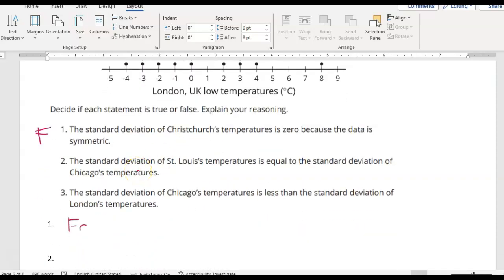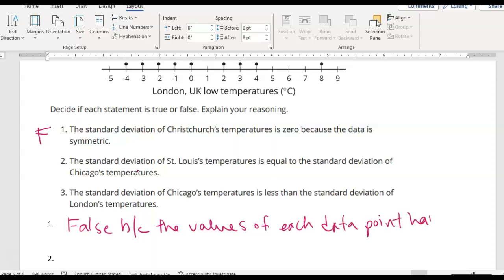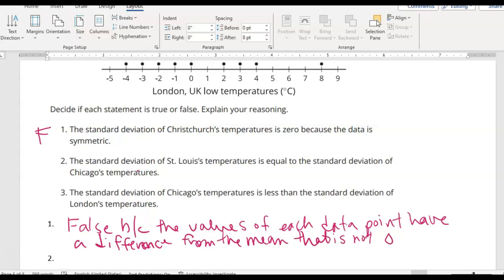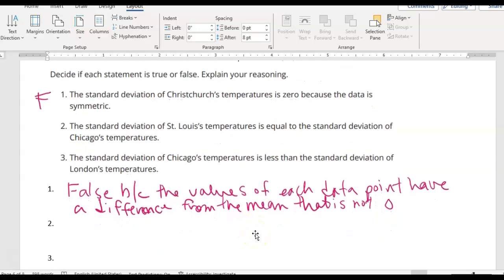So false, because the values of each data point have a difference from the mean that is not 0, right? So some of them might have a difference of 0, but a lot of them will not.